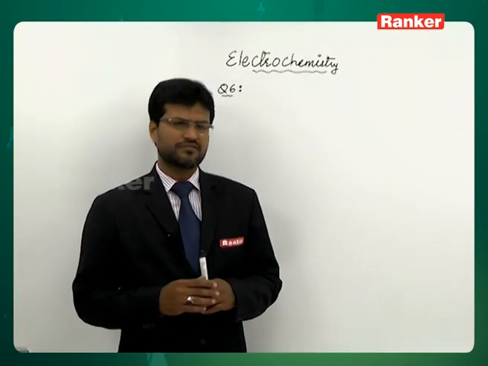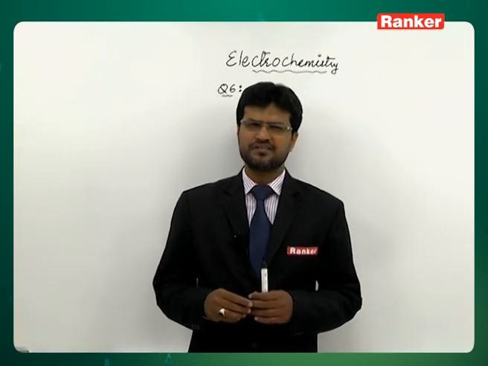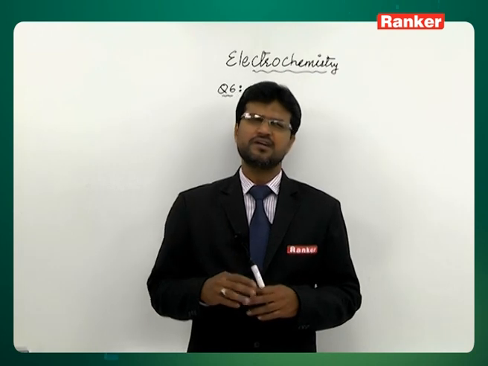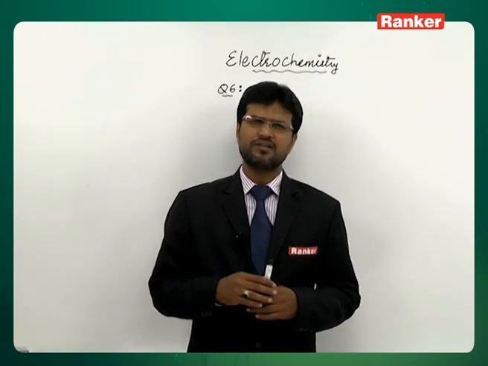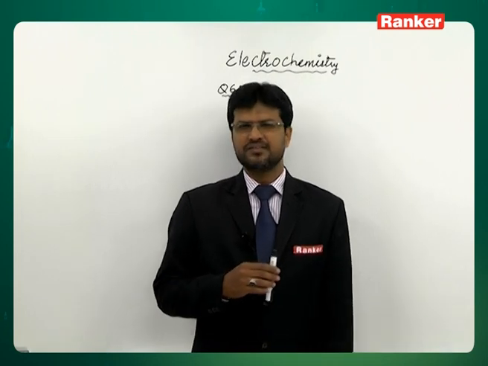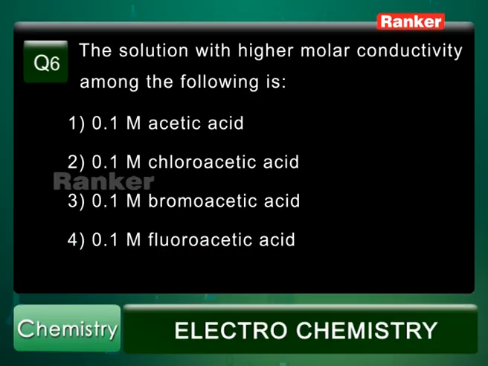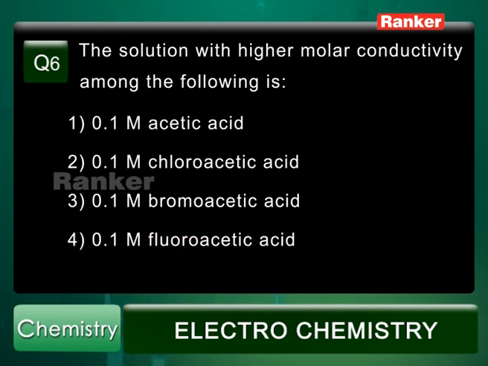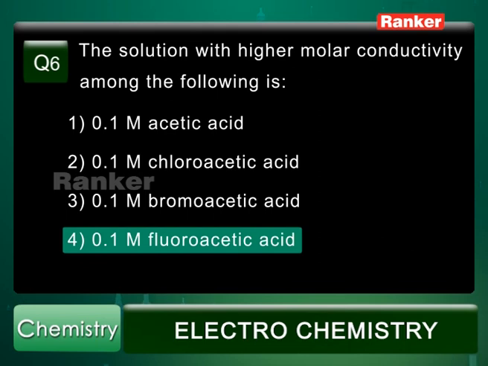We need to decide on the basis of strength of acid, and strength of acid is decided on the basis of minus I effect of chlorine, bromine or fluorine, and among them fluorine is the most powerful withdrawing group. So the most powerful acid among them is fluoroacetic acid, therefore its conductance will be highest. Answer is therefore fourth option. 0.1 M fluoroacetic acid will have highest molar conductance.